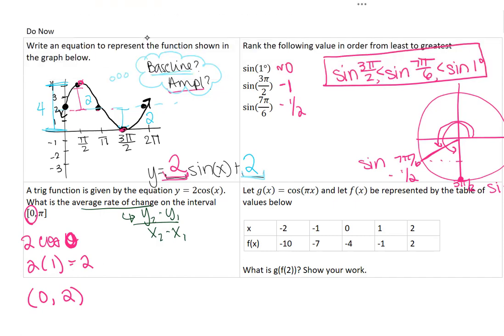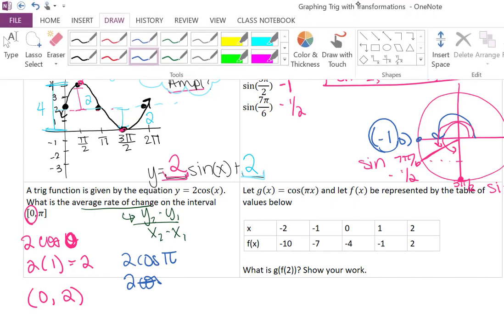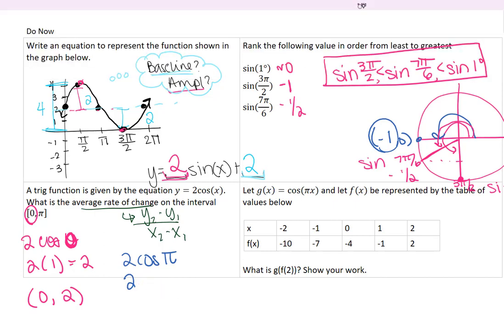For pi, 2 cosine of pi. I know that my cosine value at pi, if I go to pi right here, my x value is going to be -1. So 2 times -1, because cosine of pi is -1.